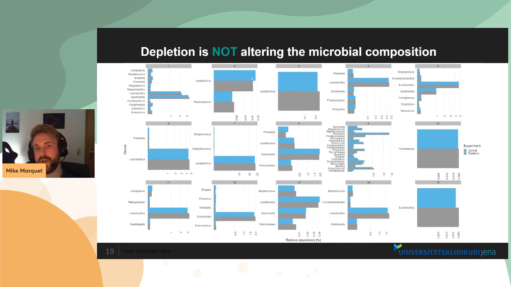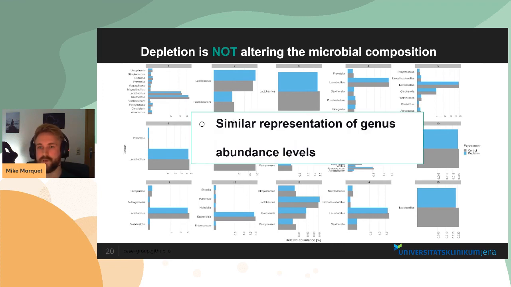The takeaway here is basically that both experiments show the same abundance of genus or organisms all around the samples. So adaptive sampling is not altering the microbial composition, which is very important for metagenomic or clinical samples.